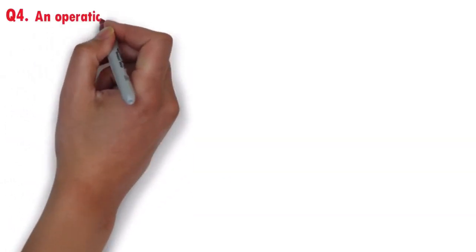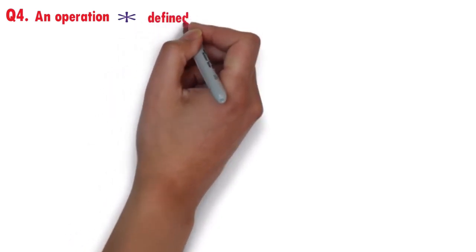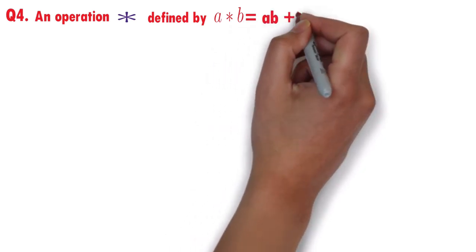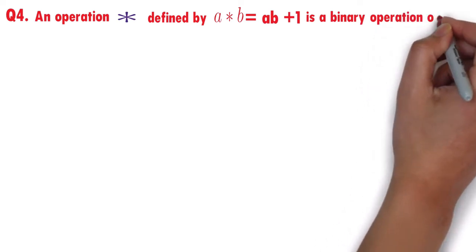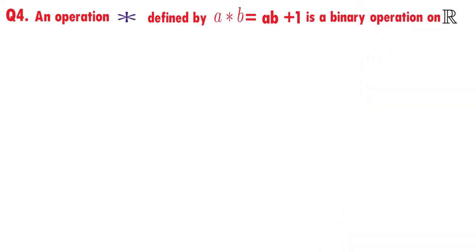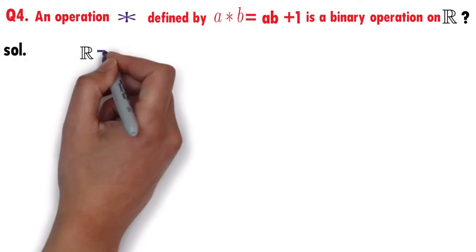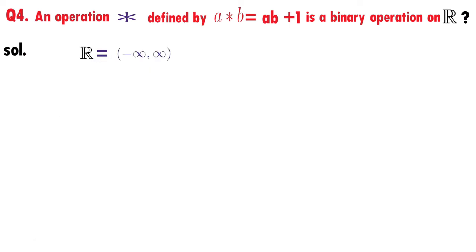Question number 4 in the binary operations chapter. An operation star defined by a star b equals ab plus 1 is a binary operation on the set of real numbers. We need to check whether star is a binary operation on the set of real numbers or not. What are real numbers? All the numbers between minus infinity and plus infinity are known as real numbers.